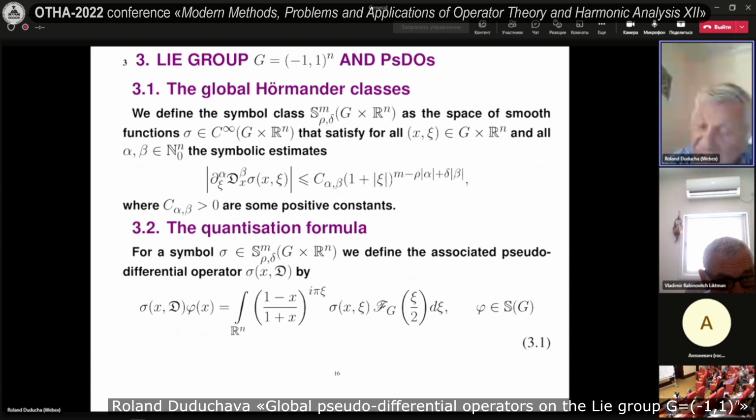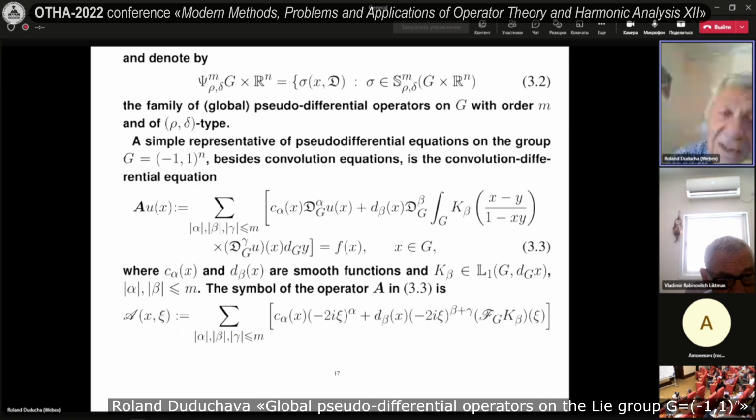The function is missing here, of course, but you understand. This class of these operators is denoted by psi with these indices.